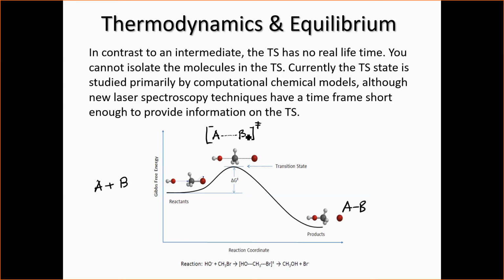Okay, so now remember that this A and B, which is the transition state, always has a high energy. That means if you take a look at the energy of the reactant versus the energy of the transition state, I already said this has a high energy, so that's why the energy is now high, right? Once it forms, A and B are fighting to make the bond. Once they form the bond, then they relax, right? The energy goes down, right? As the energy goes down and they form the product, now what's going to happen?